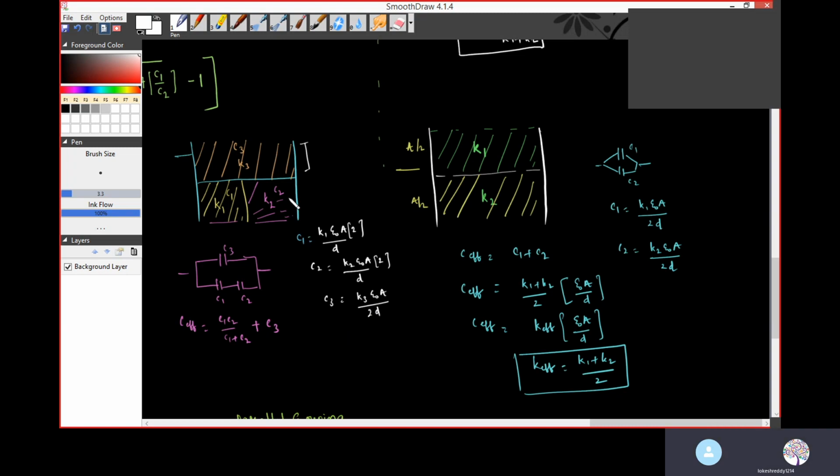I think here also the area is A by 2, right? So here A by 2 is there, so this 2 gets cancelled. So this will become K1 epsilon naught A by D, C2 will become K2 epsilon naught A by D, C3 will become K3 epsilon naught A by 2D. You just have to substitute here.